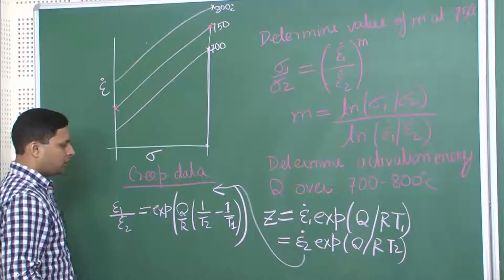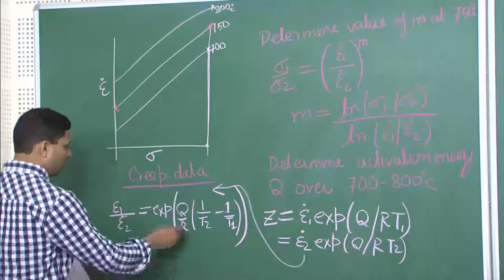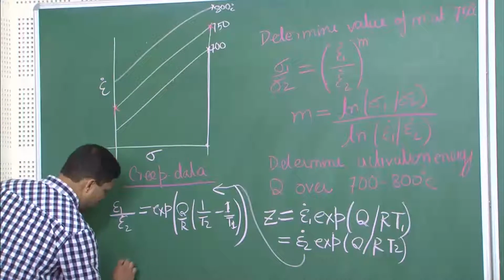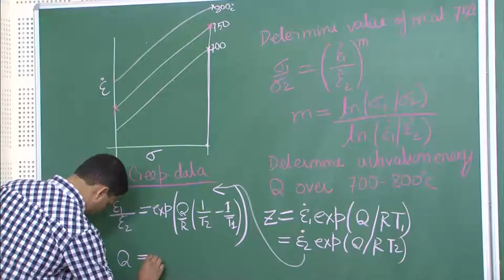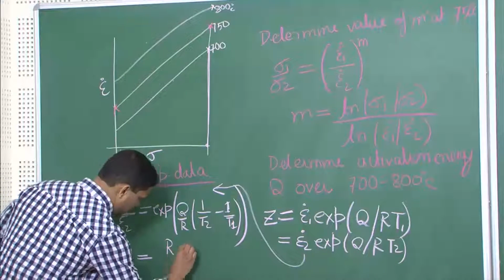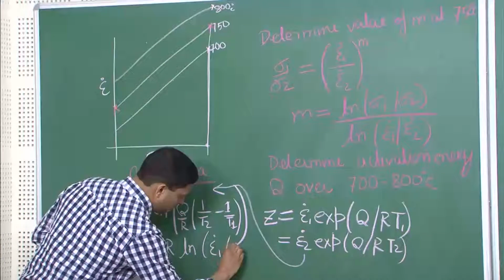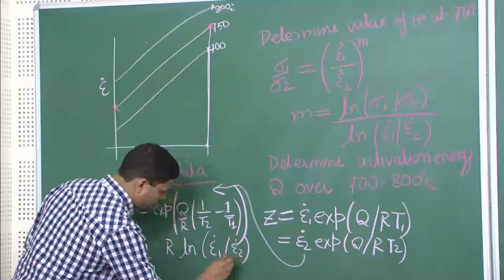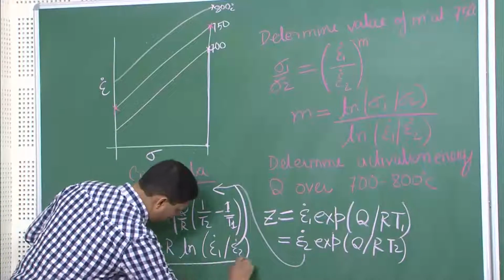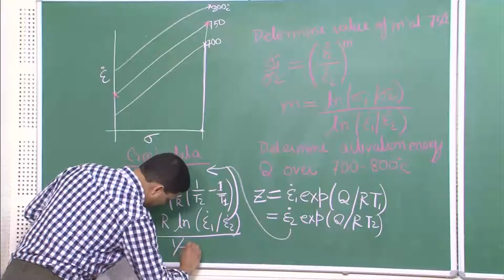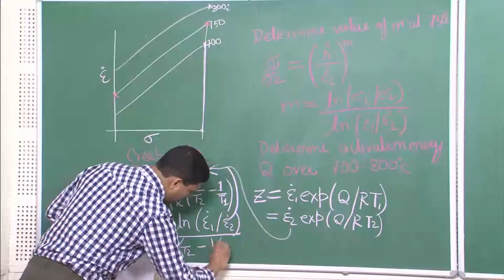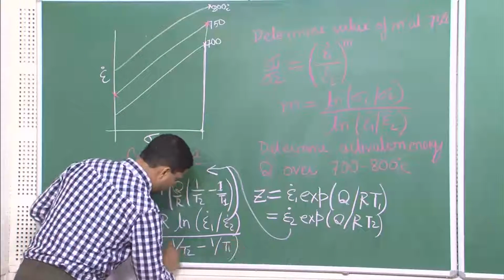Now beyond this, it is just a matter of manipulating this equation, and you can show that Q would be equal to R ln of strain rate 1 by strain rate 2, divided by 1 over T2 minus 1 over T1.